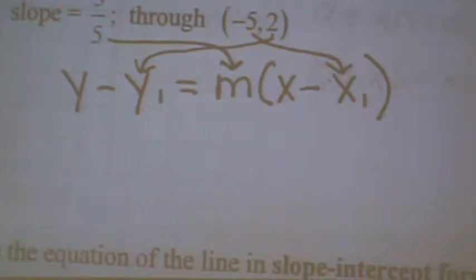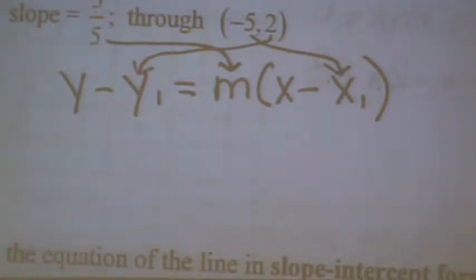Does it help when I draw arrows? Then you are a visual learner too. You are someone that needs to be shown where these are going. So because I'm a visual learner, I tend to be a visual teacher.